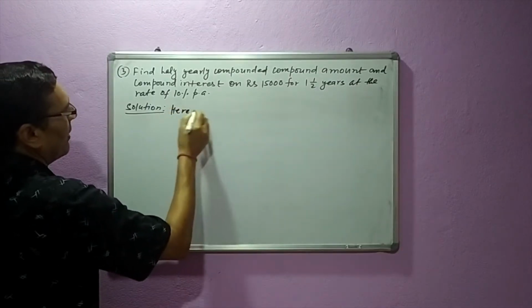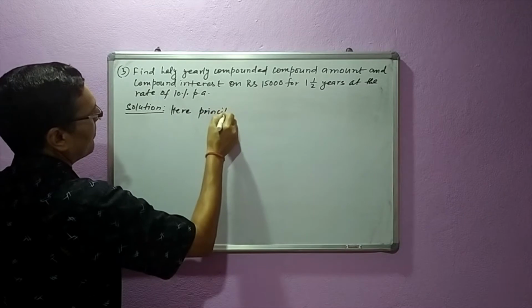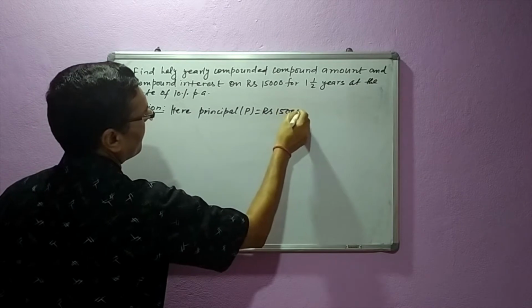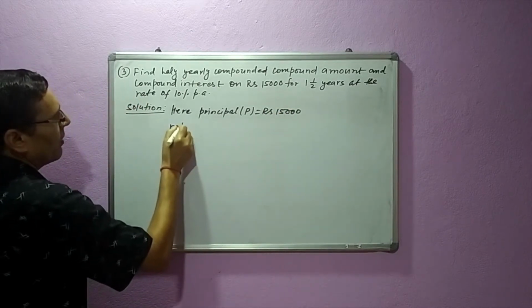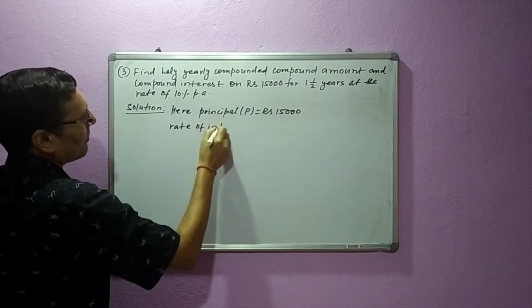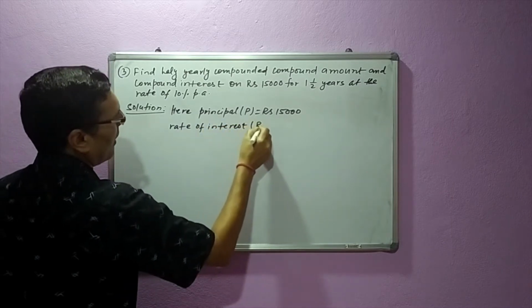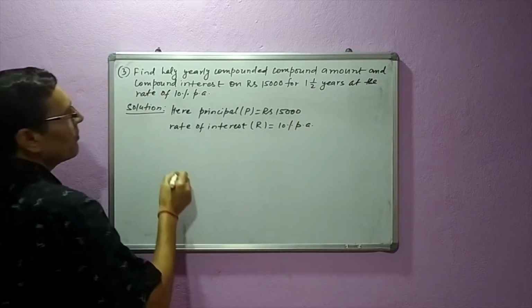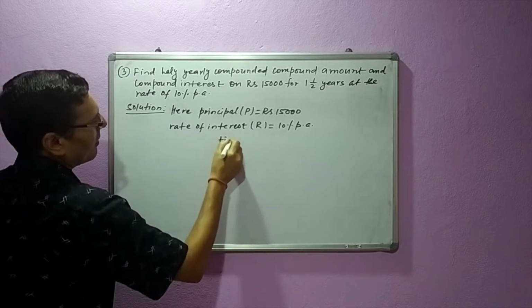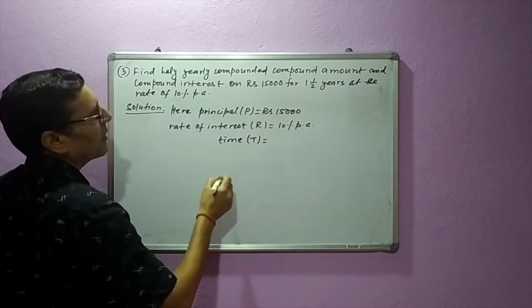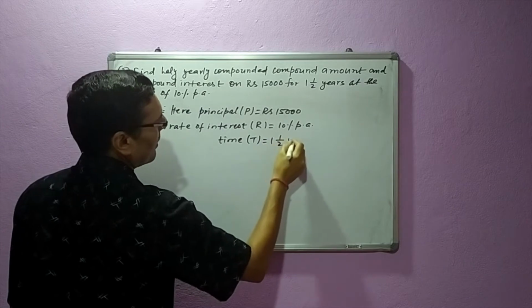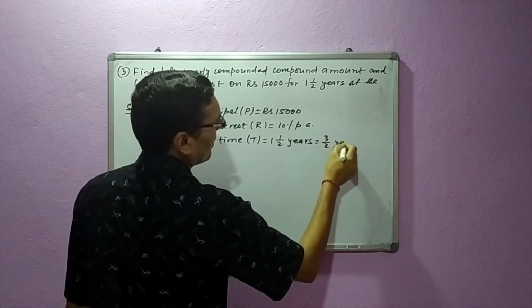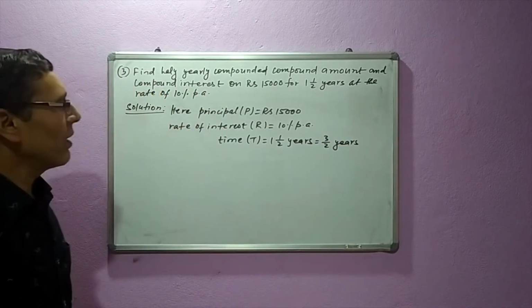So here we are given the principal P is equal to rupees 15,000, rate of interest R is equal to 10% per annum, and time T is equal to 3/2 years.